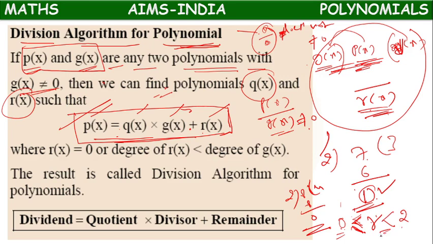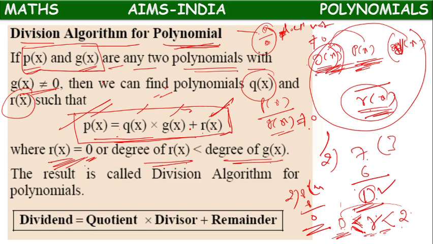Here the remainder is r of x, such that r of x may be 0, or degree of r of x is less than degree of g of x. Here g of x is the divisor.